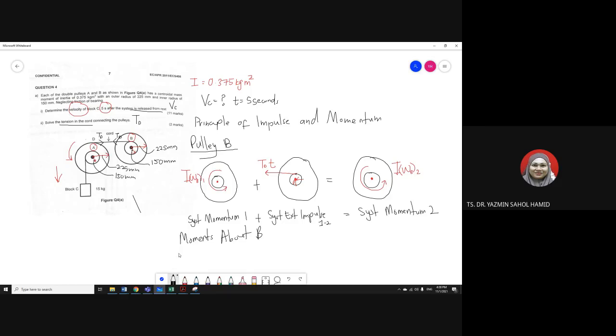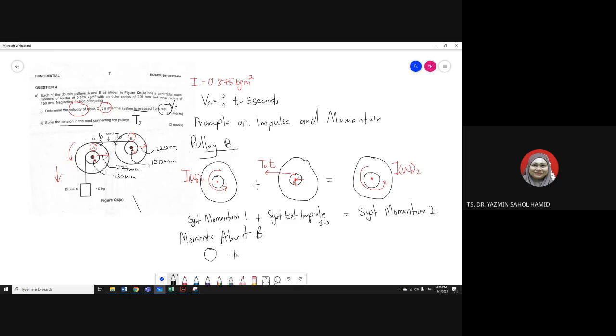What do you think system momentum 1 will be? System momentum 1 will be 0. Why 0? Can anyone answer why 0? Try to read the question. Here is the clue: released from rest. So system momentum 1 will be 0.